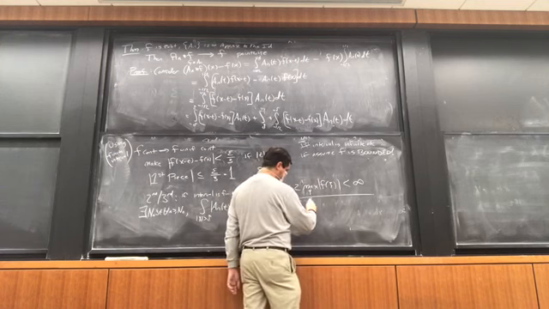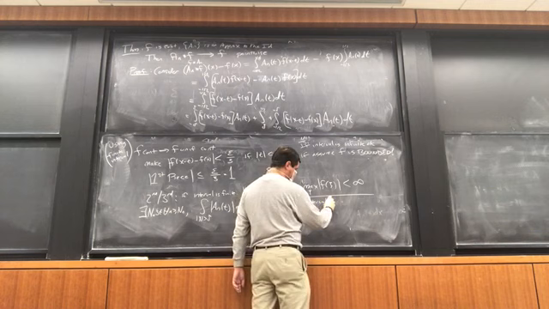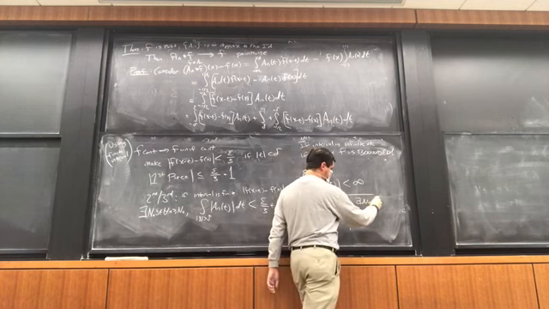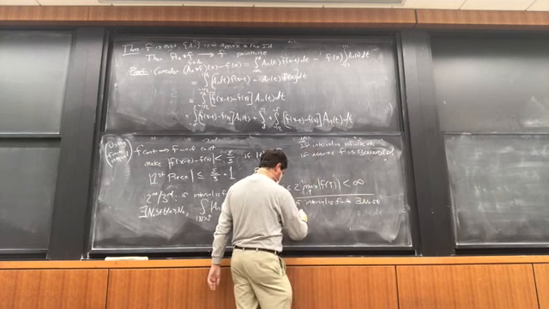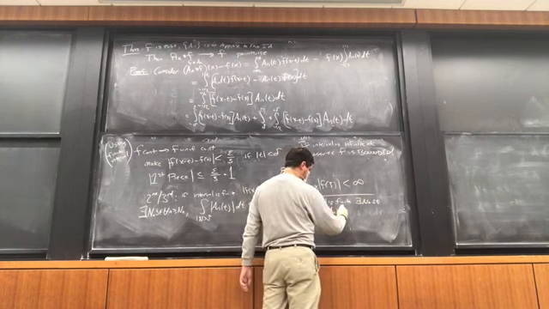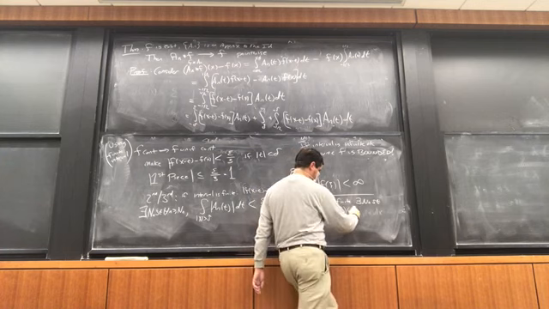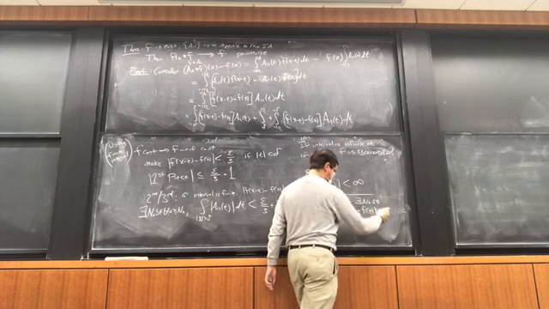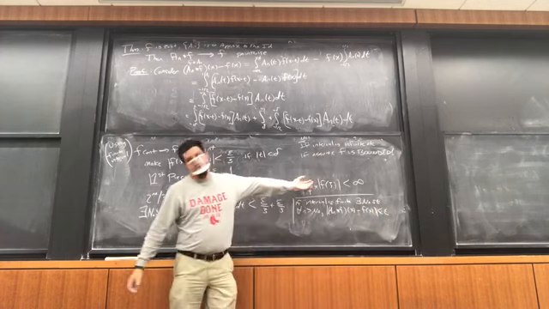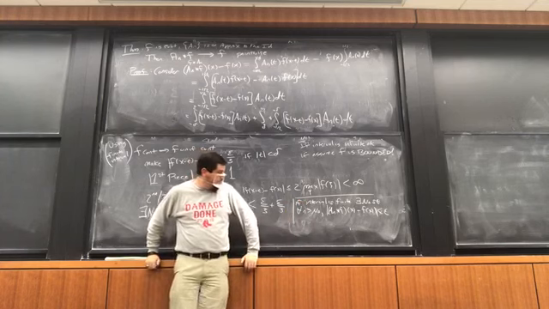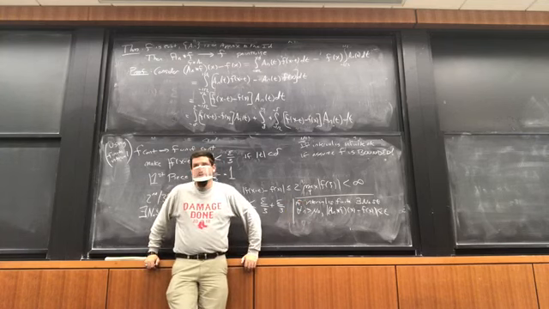If the interval is finite, there exists an n naught such that for all n greater than n naught, |a_n star f of x minus f of x| is less than epsilon. And of course, given any epsilon, I can find an n naught such that. So we have good convergence everywhere.